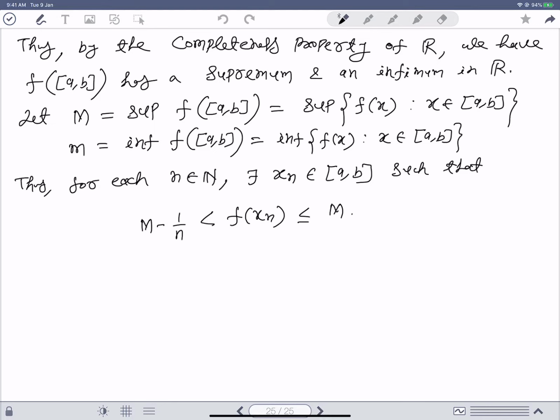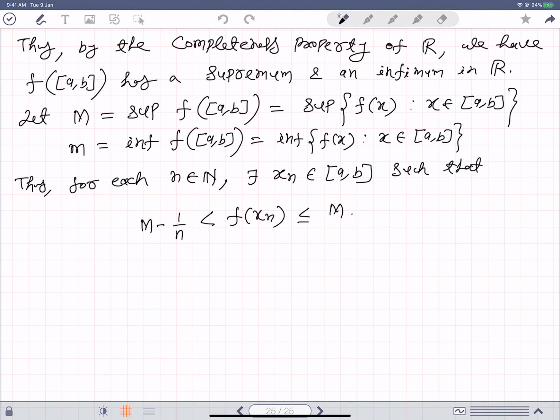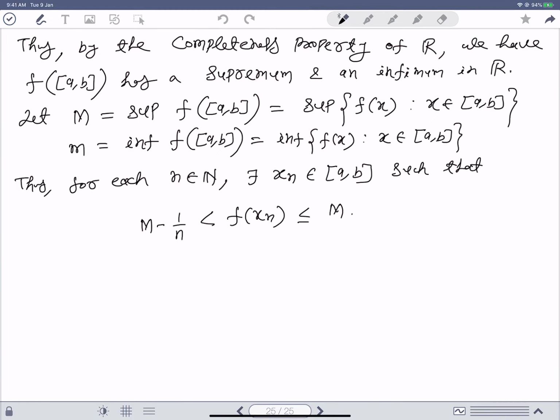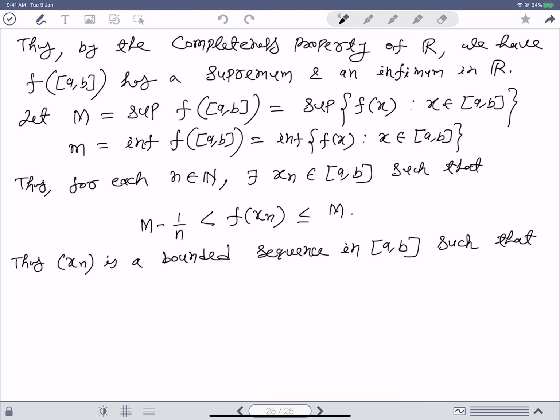Therefore we must have one value, say f(x_n), which lies between M minus 1/n and M. Now this implies x_n is a bounded sequence in the closed interval [a,b] such that f(x_n) converges to M, since f(x_n) lies between M minus 1/n and M. As n tends to infinity, f(x_n) must converge to M, right?